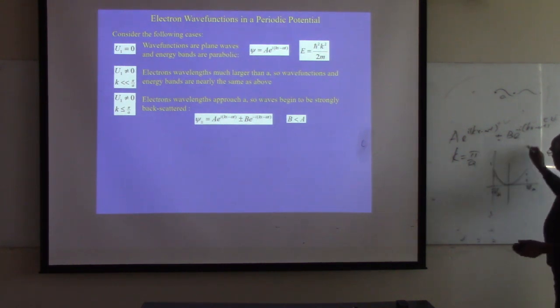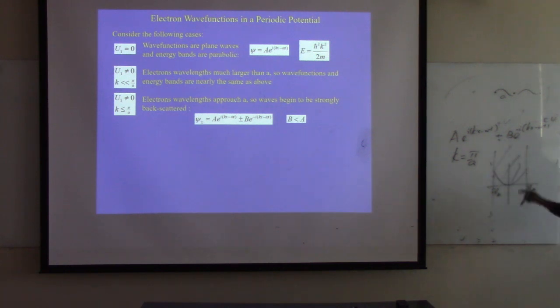This is your first Brillouin zone, right? That means your k is exactly pi over a, because you have this wave function kx minus omega t, but this k is the same as the Brillouin zone boundary. So that means the backscattering is very strong, exactly happening at this point.